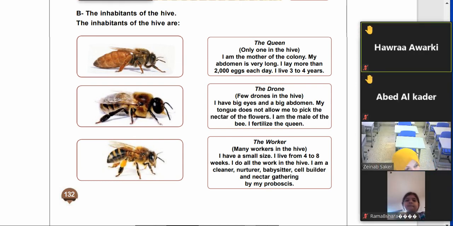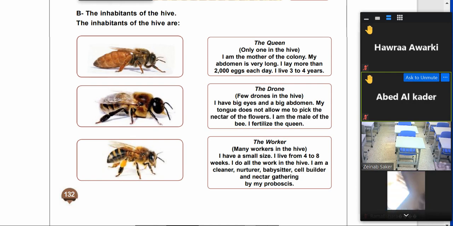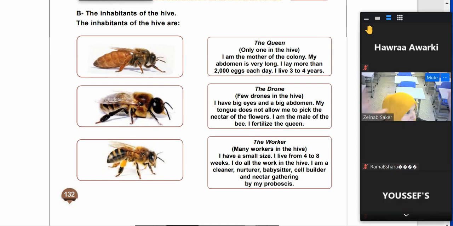Huda, Abdul Qadir, how many kinds of bees are there? There are 3: the queen, the drone, and the worker. Excellent, Abdul Qadir, thanks a lot. So there are 3 kinds of bees: the queen bee, the drones, and the workers.